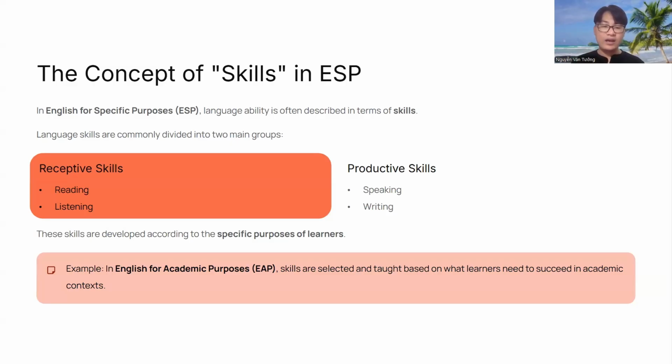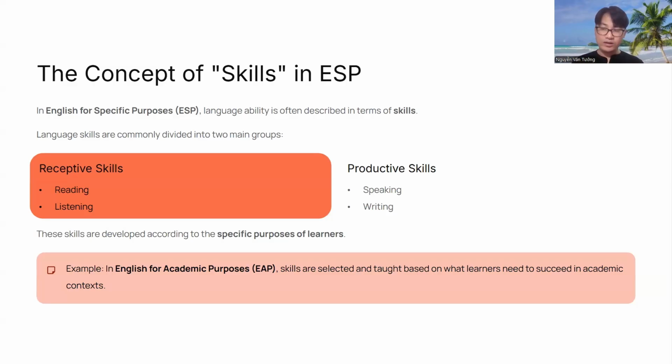So what are they? Receptive skills include reading and listening. It means that you receive the information from the outside, and then you process it within your mind or your brain to understand this incoming information. In opposite, productive skills means that you need to use the information, your knowledge, and everything within your mind to produce results.